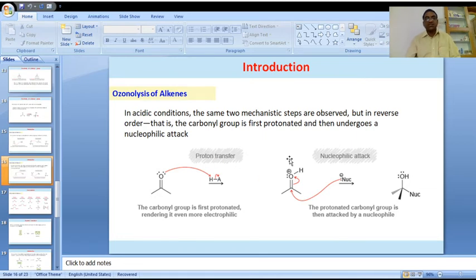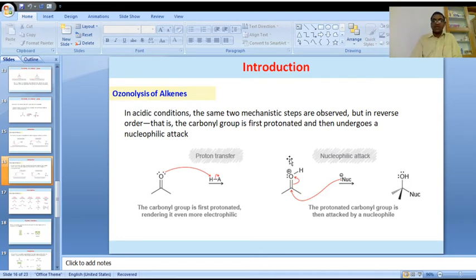That is, the carbonyl group is first protonated and then undergoes a nucleophilic attack. First the carbonyl group is protonated, with transfer of hydrogen from acid. It is converted into a protonated carbonyl group as an intermediate.